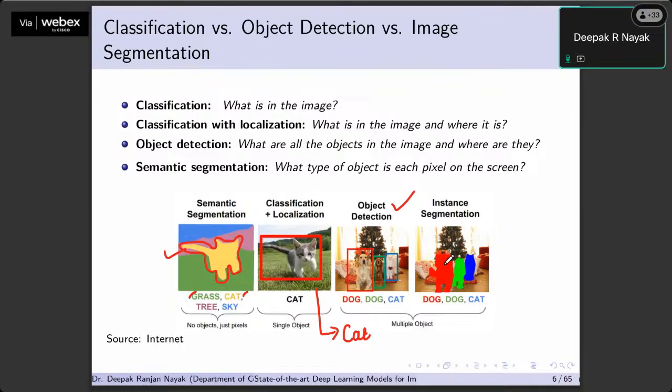But instance segmentation will say this is dog 1 or this is dog 2, right? For semantic segmentation, all are just dogs. It doesn't create any difference among the objects of the same class. That is the major difference between semantic segmentation and instance segmentation. I'll also explain with another example.